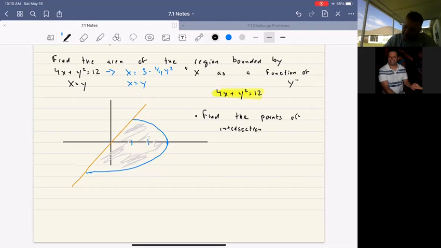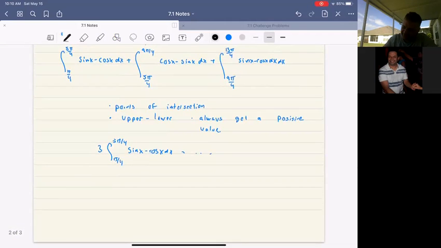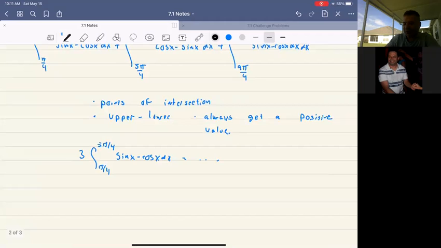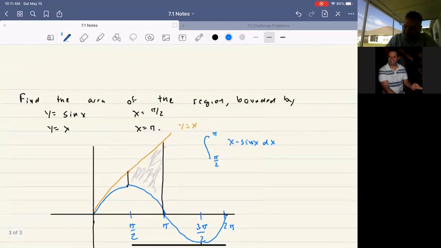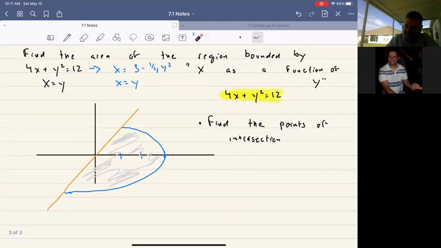One thing I should have said here, I did upper minus lower. I should have also said right minus left. Because in this case, we have right minus left. Okay?